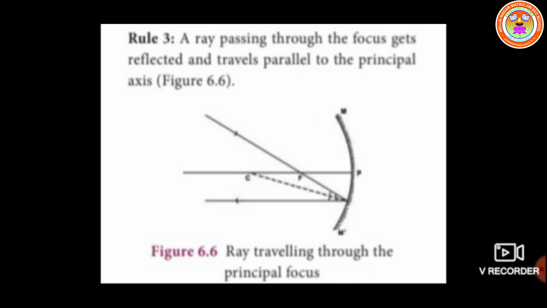Rule 3. A ray passing through the focus. This is the focus point. A ray passing through the focus gets reflected and travels parallel to the principal axis. The incident ray passes through the focus point and reaches the reflecting surface; after the reflection it is parallel to the principal axis.